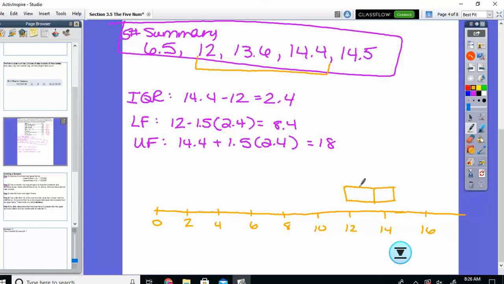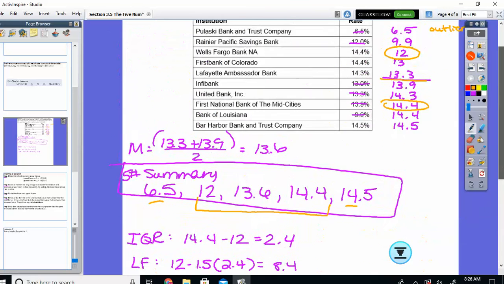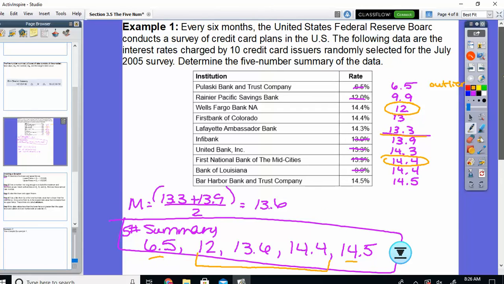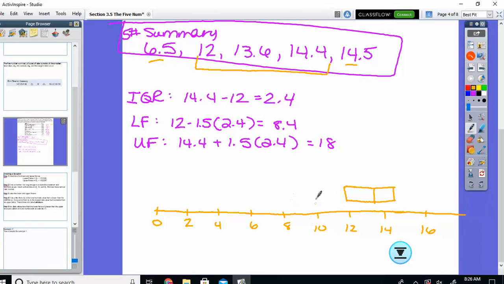Okay, your whiskers go out to your lowest and highest as long as they are not an outlier. So the 6.5 is an outlier, so my whisker will go to the next lowest point, which is 9.9. And my upper whisker would go up to 14.5.